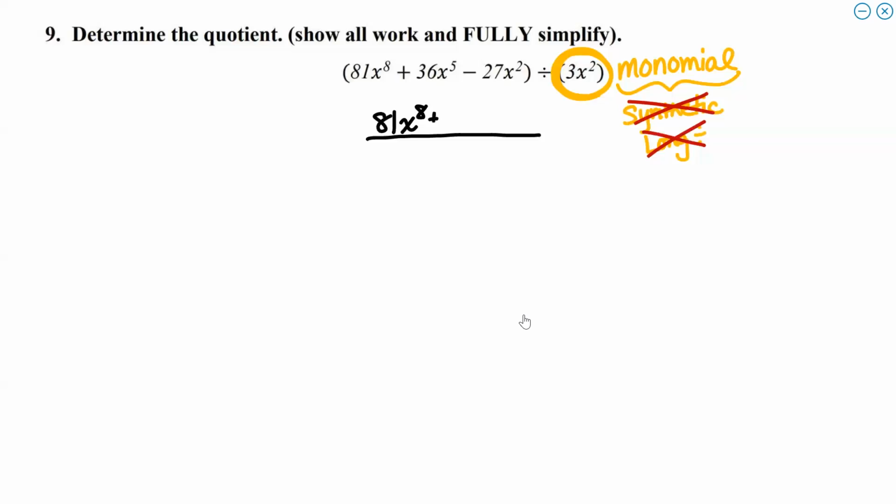81x to the 8th plus 36x to the 5th minus 27x squared would go up on top. What do I put on the bottom? 3x squared. When I write it like that, does anybody remember what I need to do with this now? Don't I have to bring down what?